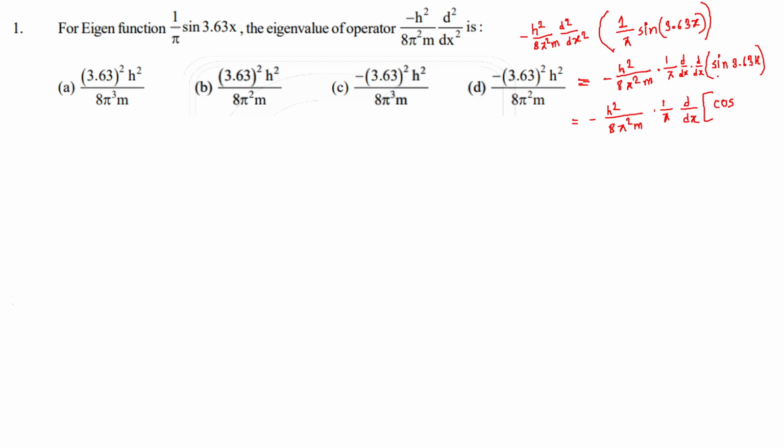So first time differentiation is yielding me cos 3.63x, and obviously 3.63 will come outside once.